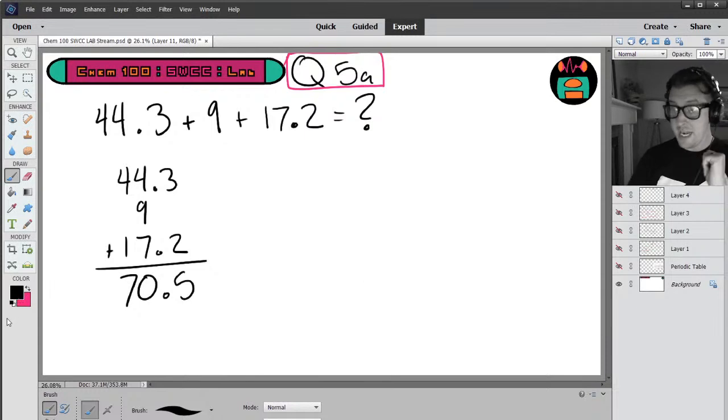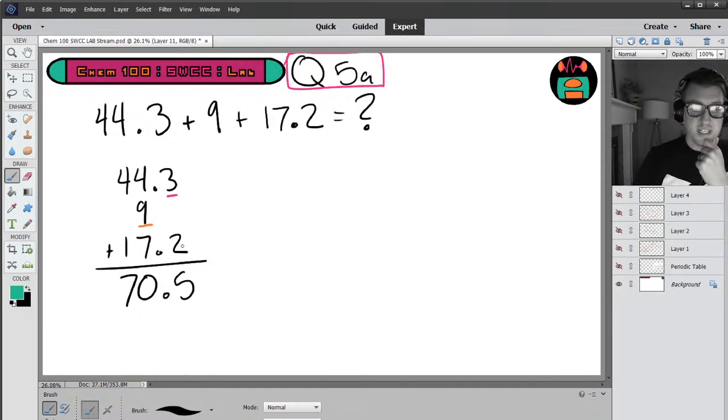The rules for adding and subtracting significant figures tend to be more challenging for students than multiplication and division. Because when you're adding and subtracting, you need to look at the last significant digit in every number. You need to look at the precision. 44.3 has its last significant digit in the first decimal place. 9 has its last significant digit in the ones place.